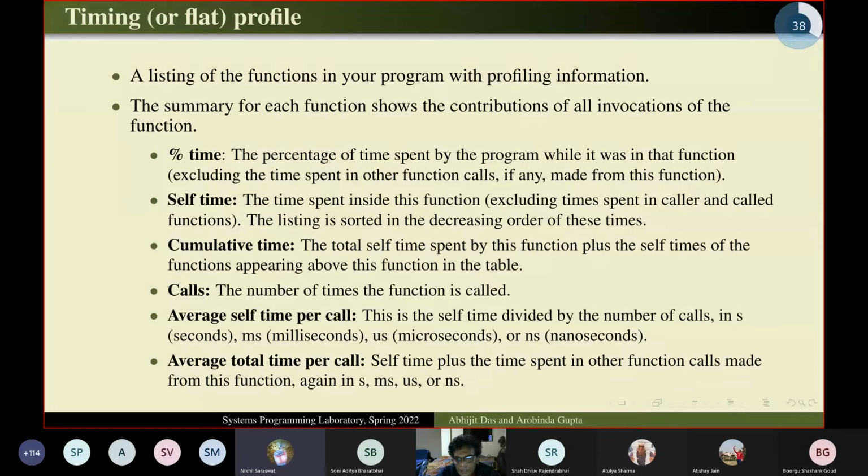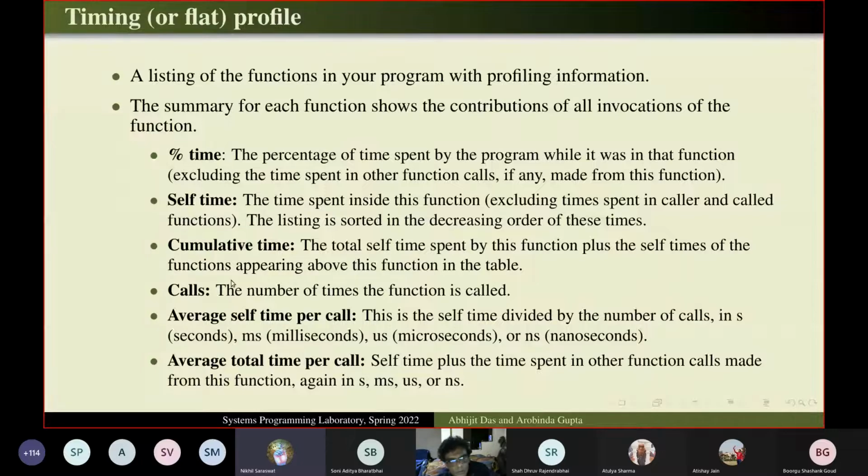This is when you divide by the number of calls. The self time should be of the order of seconds. Then you divide by 1 million or 1 billion, and you may end up with microsecond, nanosecond, or millisecond times. This is again an estimate, and this is that estimate divided by the number of calls.